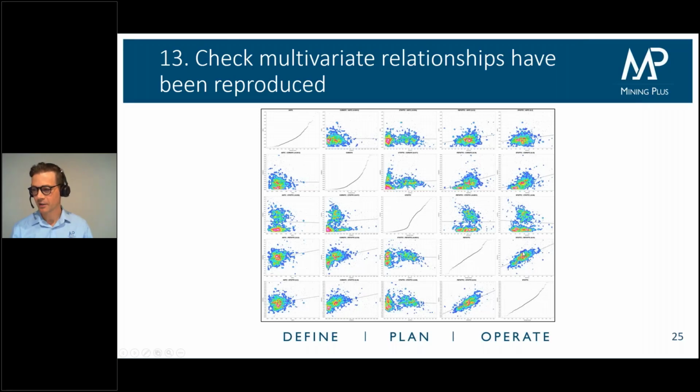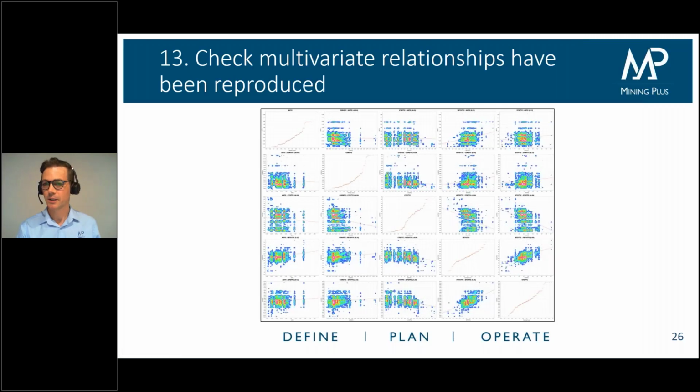So you can see that there are some complex relationships that needed to be preserved. Where I have the mouse right now, we have a linear correlation between sulfur and iron, but some of these more complicated relationships between total carbon and organic carbon, we wanted to try and reproduce as best we could. So this is the input data for this particular cluster, and then this is the simulation output.